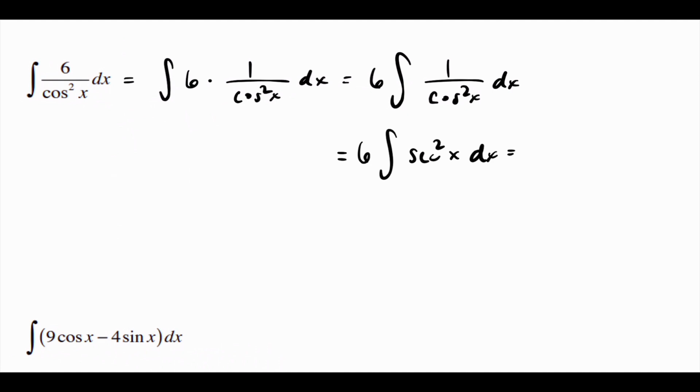And secant squared is on my list. The antiderivative for secant squared is tangent. So it would be 6 times tangent of x plus c.